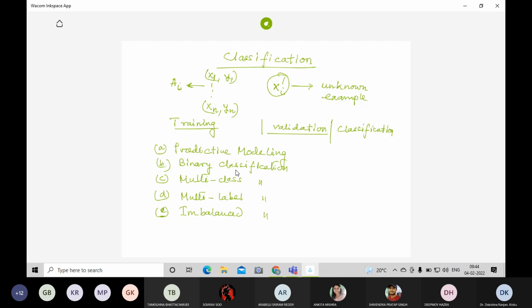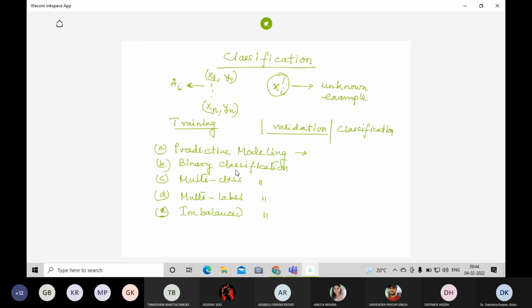So in predictive modeling, we may have an unknown sample or unknown example for classification. Now the predictive model is already found to be trained. That means the predictive model that we use to classify or put a label on an unknown example or unknown sample has already been trained.